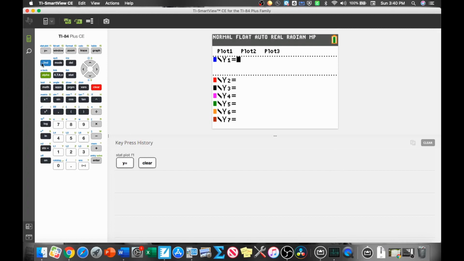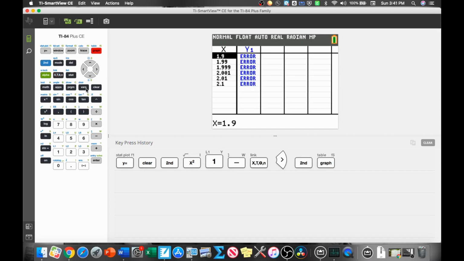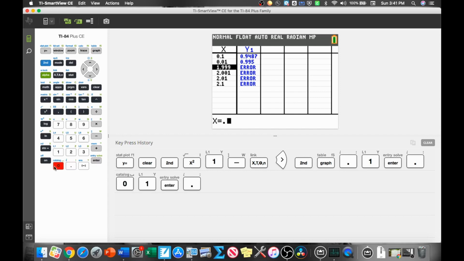My function is the square root, so remember that second level function above the x squared, of 1 minus x, all under the square root. And so now I'm going to go to table, and again you can just type right on top. So I get 0.1, 0.01, and 0.001. And so I can go ahead and record those 3 values in my table.